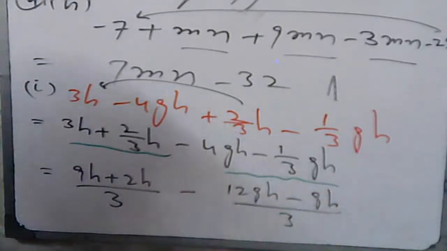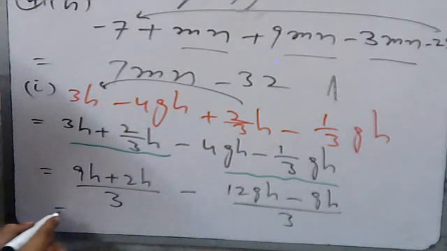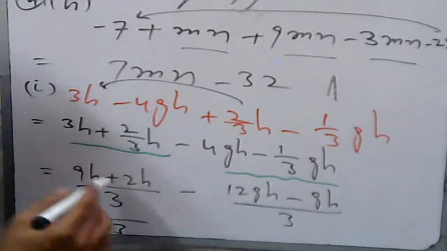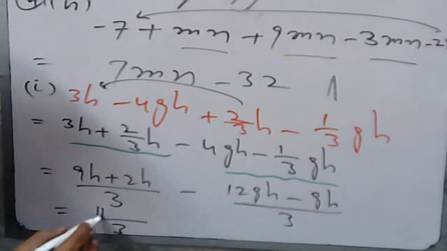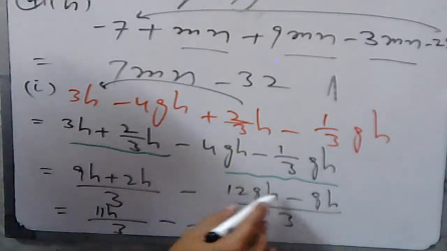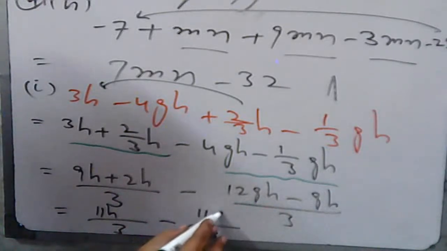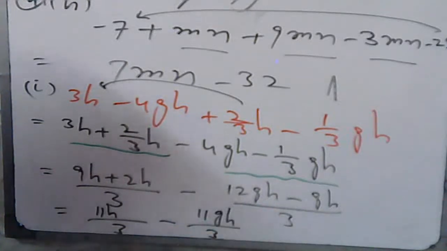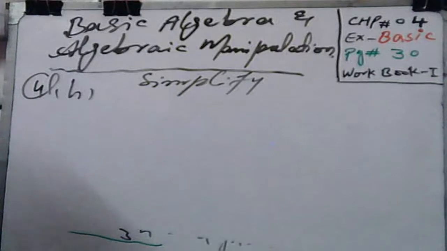Now 3 fours are 12 gh minus simple gh. After simplification you will get 11h minus 12gh minus 11gh.